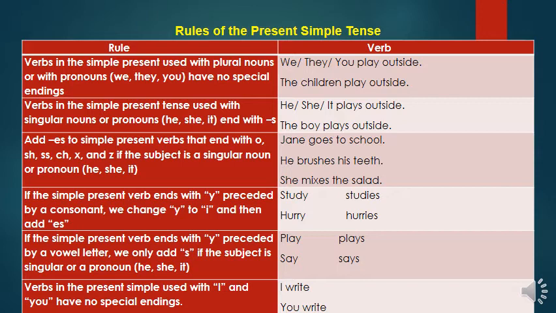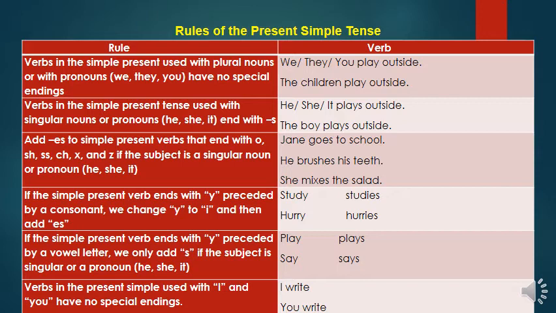First of all, you have to know that verbs in the simple present are used with plural nouns or with pronouns like we, they, and you have no special endings. It means when a simple present verb is used with a plural noun, it has no special ending, or in other words, it doesn't end with s.